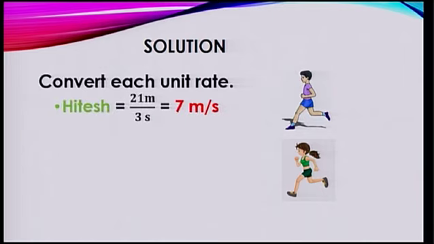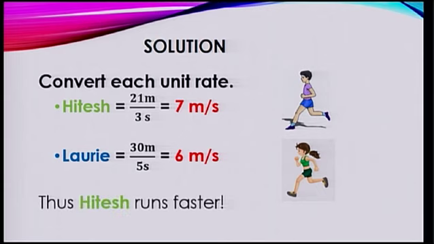For Hitesh, remember it was 21 meters for 3 seconds. So per second, that will be 21 divided by 3, that is 7 meters per second. For Laurie, it was 30 meters in 5 seconds. When we divide it, we are getting 6 meters per second. So, when we compare the two, we see that Hitesh runs faster.